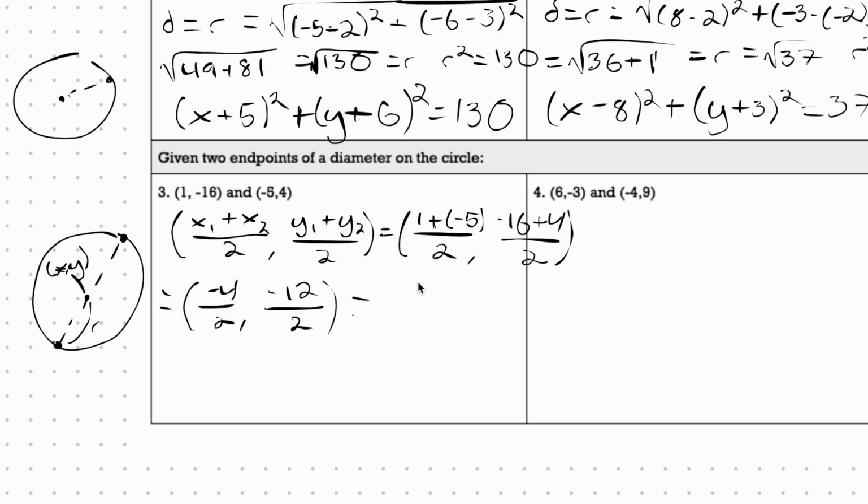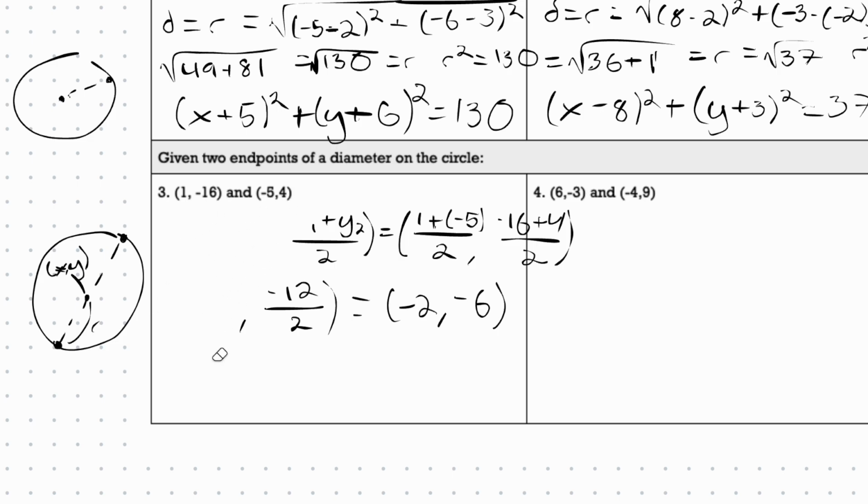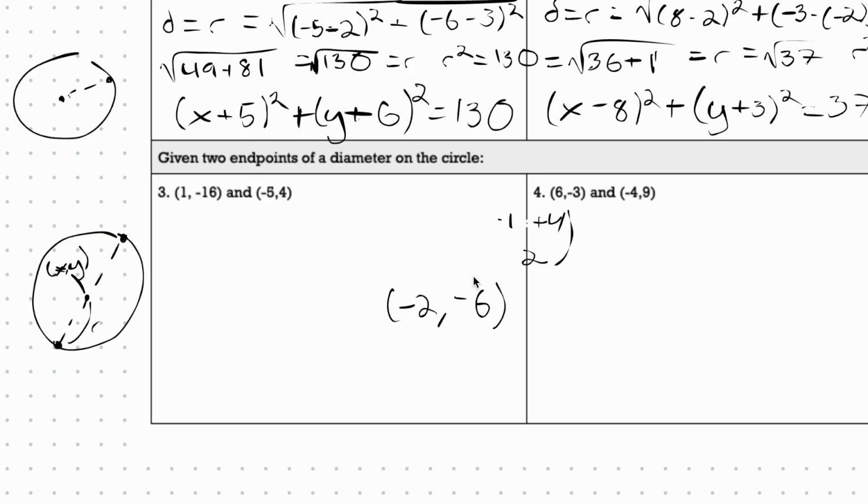And this simplifies to -2, -6. Okay, so I'm going to save some space, erase a lot of this, and move our center up. Our center is (-2, -6).